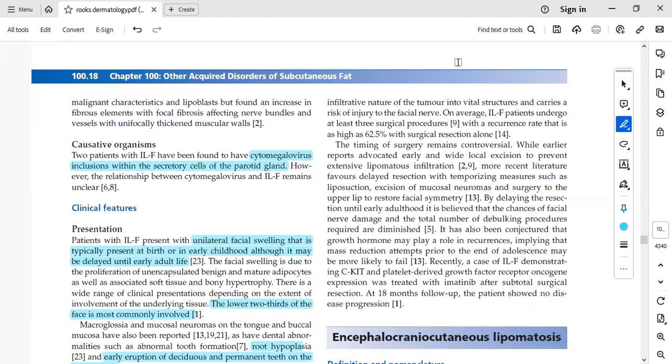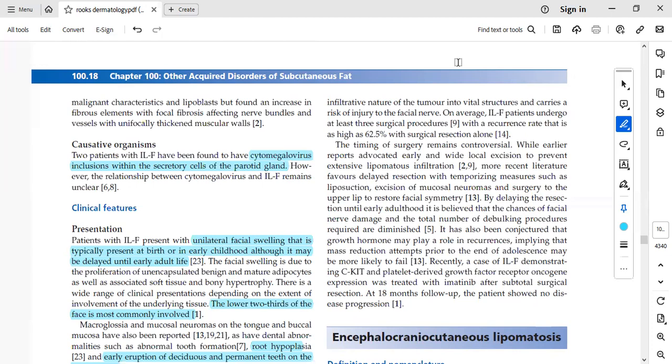The timing of surgery remains controversial. While earlier reports advocated early and wide local excision to prevent extensive lipomatous infiltration, recent literature favors delayed resection with temporizing measures such as liposuction, excision of mucosal neuromas, and surgery to the upper lip to restore facial symmetry.